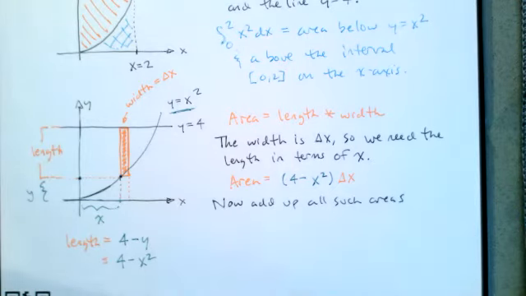So now we need to add up all such slices, or all the areas of the slices, and then let the number of slices go to infinity. So we're going to make a Riemann sum.